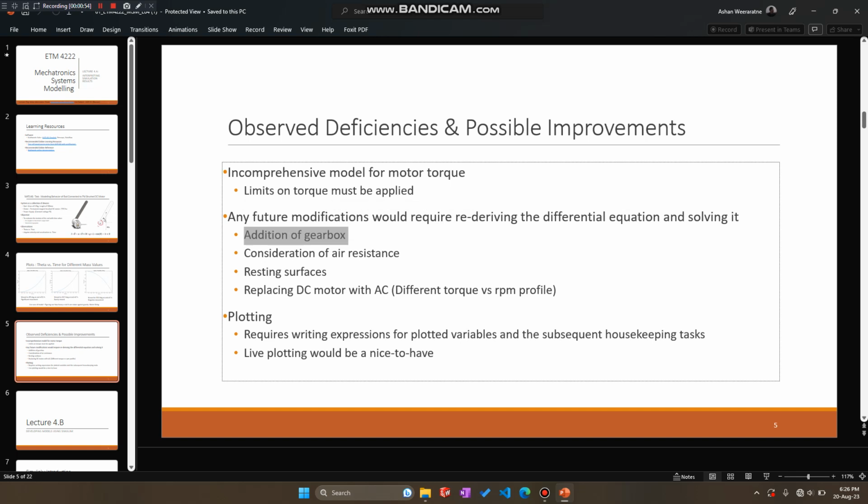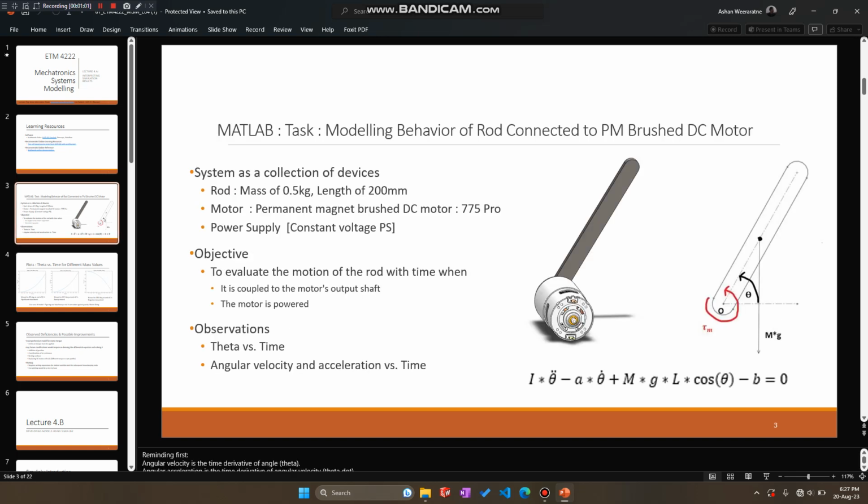Well, a clever person, by careful observation, can modify the equation we have previously obtained in order to reflect the effect of a gearbox. However, this is not the recommended or the standard means of doing it, and it's quite an ad hoc method. So the standard method would be to rederive the equation from scratch.